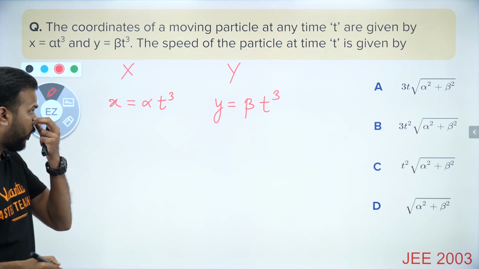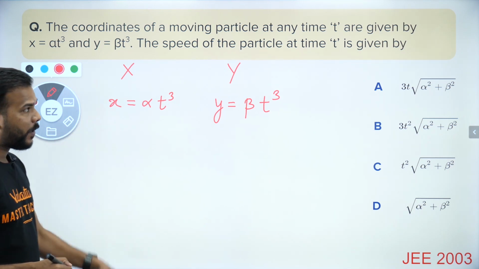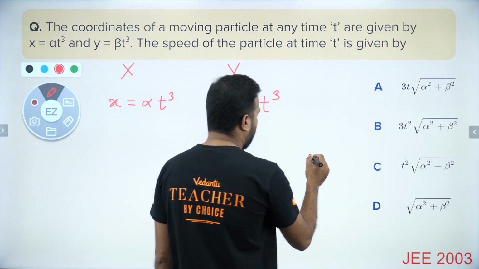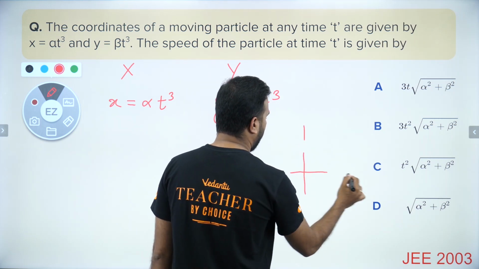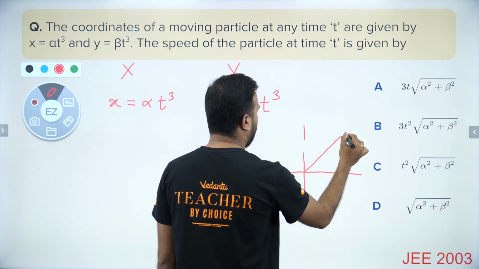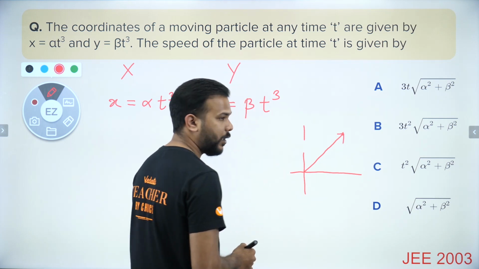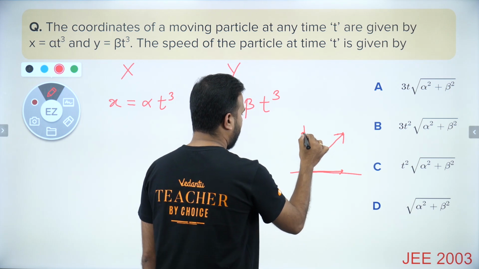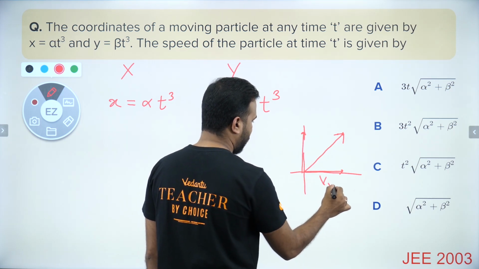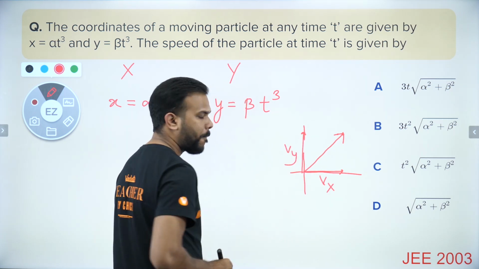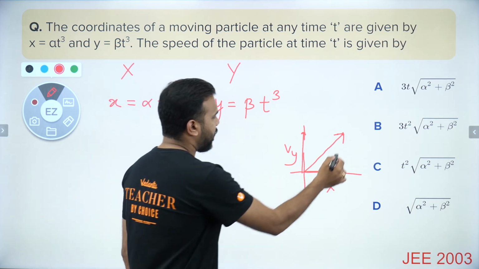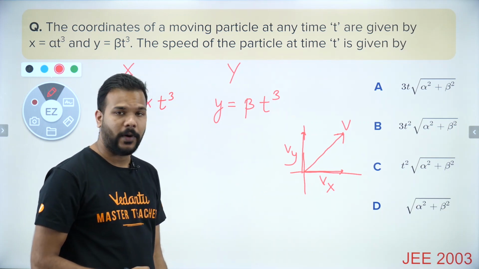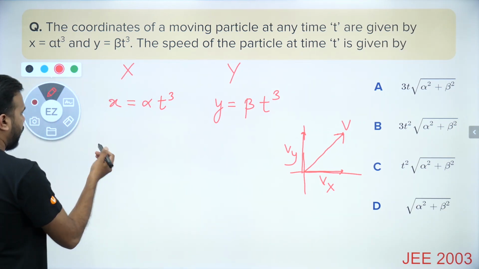And to find out the speed of the particle, we need to find out the components of the speed, because if the particle is moving on this plane, say at a given point of time this is what the velocity is, then velocity will have two components and we are interested in those two components. This is say Vx, this is Vy. What is Vx? Vx is basically the variation of the x coordinate. What is Vy? Variation of the y coordinate. That's how things are done here.